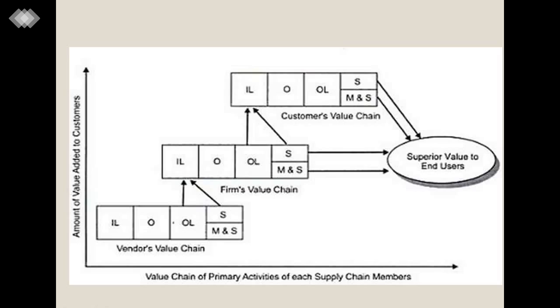So it is the amount of value added to the customer, and this diagram shows how the customer value chain, firm value chain, and vendor value chain are correlated with each other, how they deliver superior value to their end users, and how they handle activities of each supply chain member.